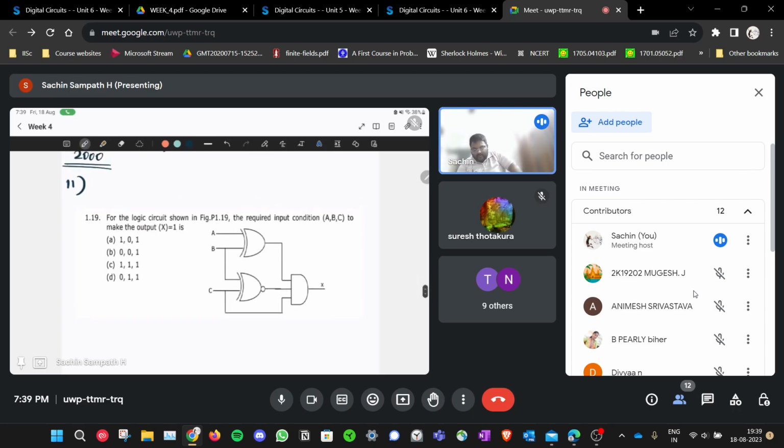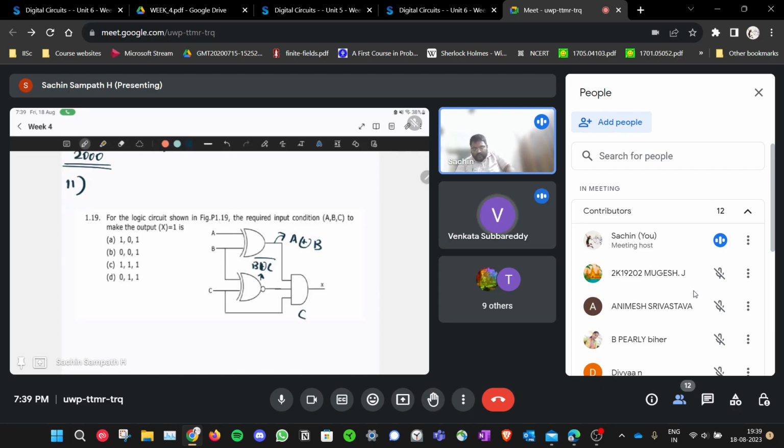The thing is, you shouldn't forget which inputs gave you which output. So this thing is A XOR B. This thing is B XNOR C, so B XOR C whole bar, and this thing is simply C.